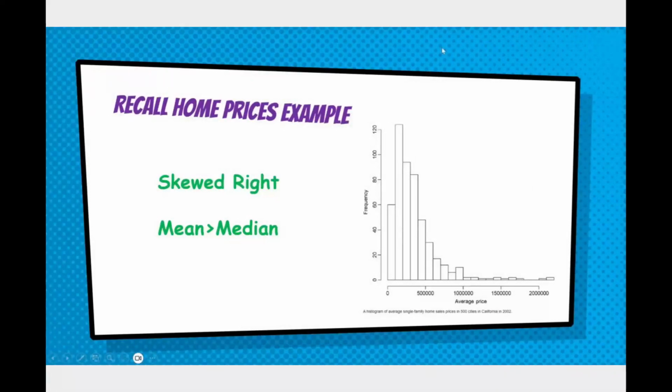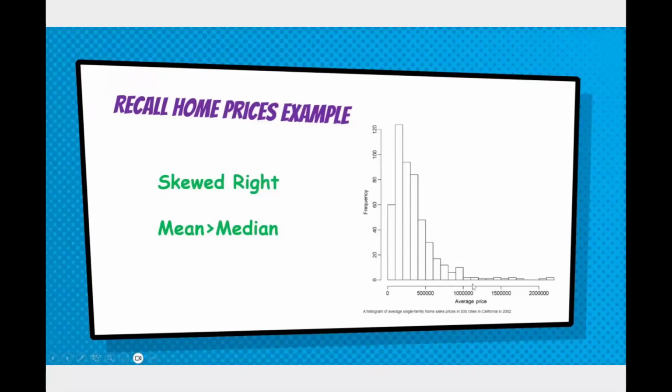So just to give you an idea, we talked about home prices before, but this is the average home price. This is a really old graph, from 2002, and we can see the average price down here, and the frequency on the y-axis is how many of those homes are sold. This would be considered skew right because it's tapering off. We would use the median here because these couple of $2 million homes and $1.5 million homes are not a big idea from the group.